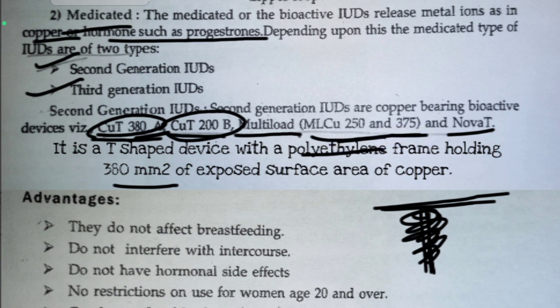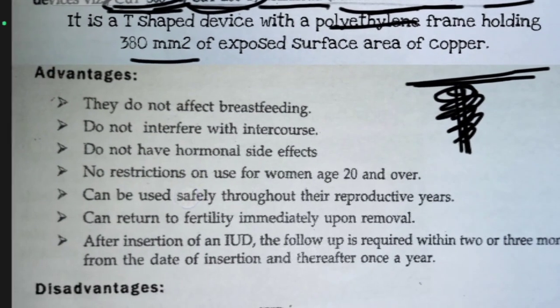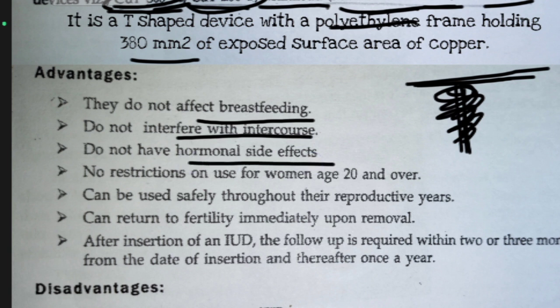These are the IUDs, and let's see what are the advantages of it. The advantage is it will not affect breastfeeding mothers. Even though the copper T is covered with progesterone, it will not affect breastfeeding mothers, and it will not disturb during intercourse. There are no side effects of hormones, and a woman above the age of 20 can use it.